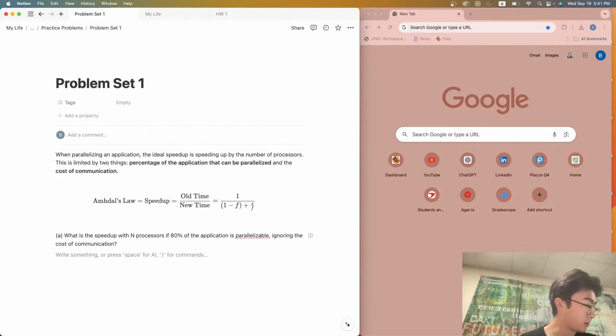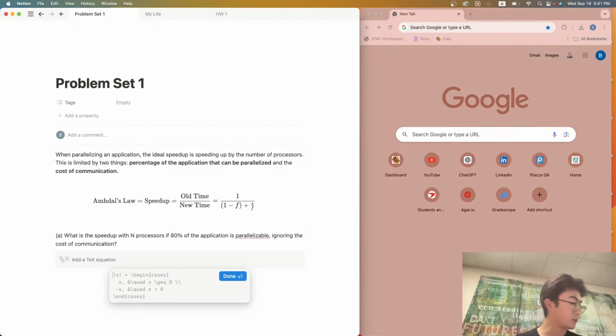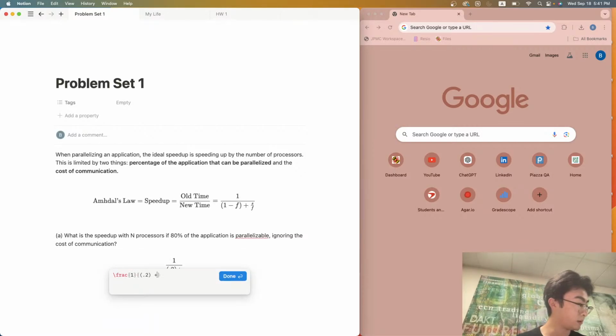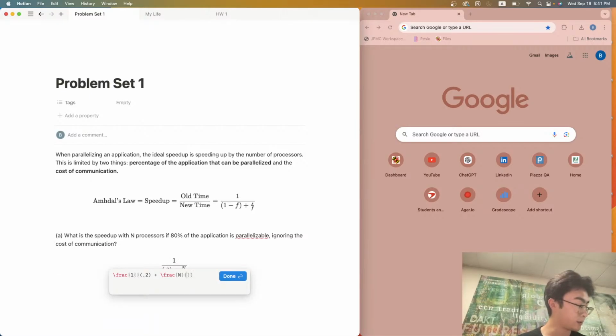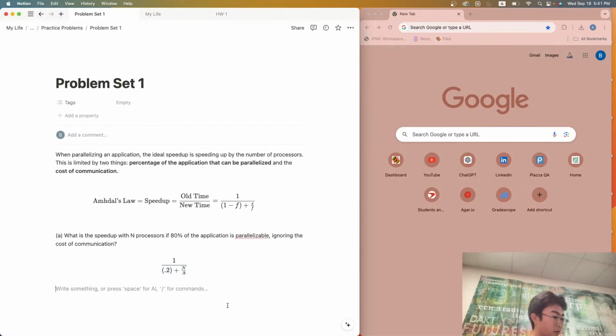I think what we could do here is, this could just be 0.2 plus n, number of processors, divided by 0.8. I think this could be possible, right?